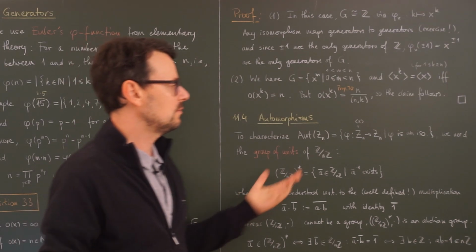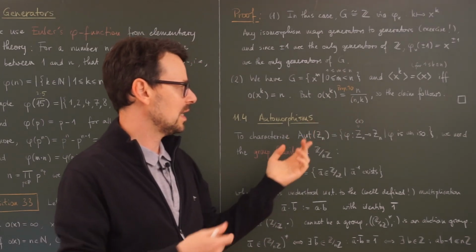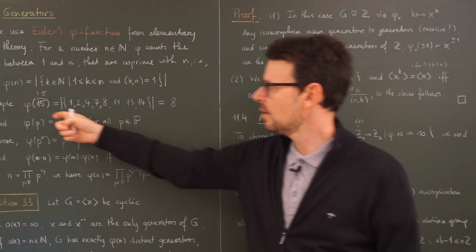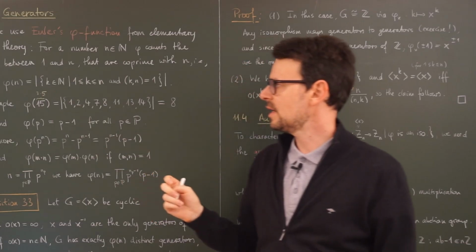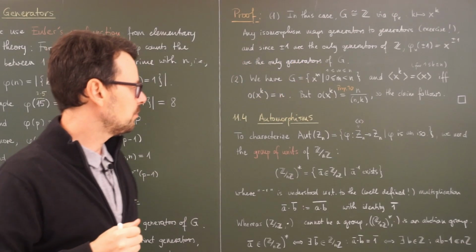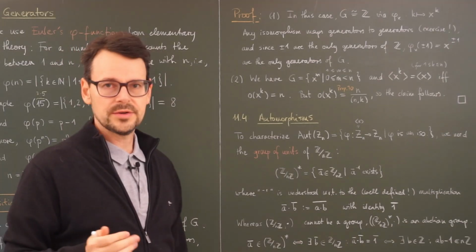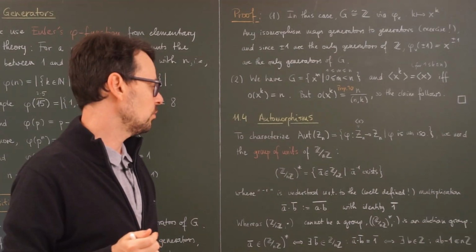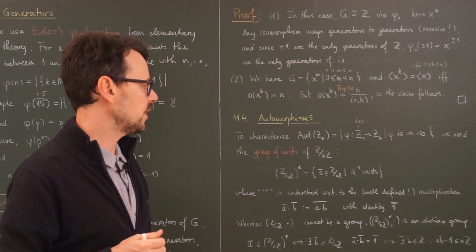And then we use the convenient notation that there are exactly phi of n elements that satisfy this condition.